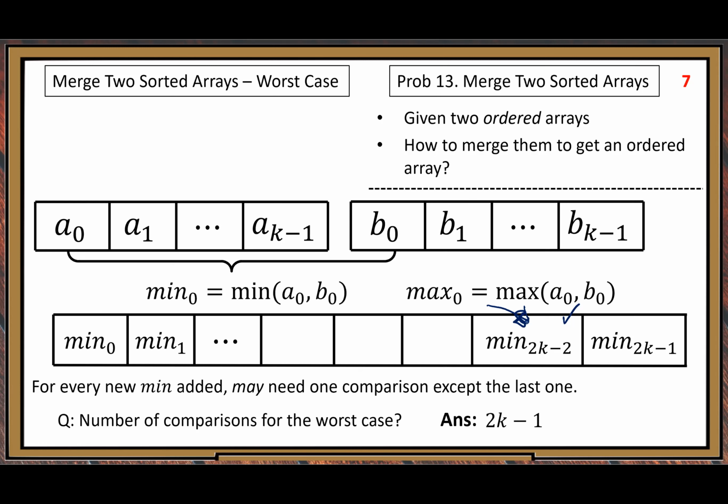We have total 2k elements, but for the last one, no comparison. Other than the last one, for each element, we need one comparison. That's why we need 2k minus 1 comparisons.